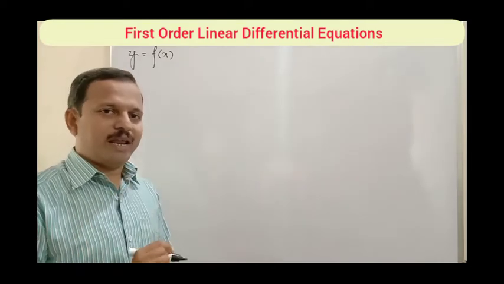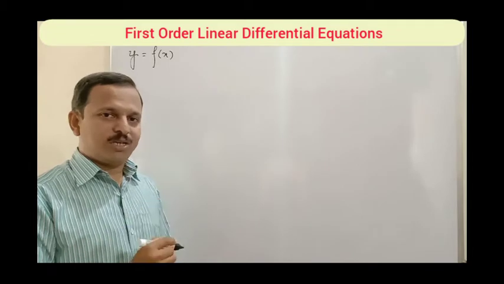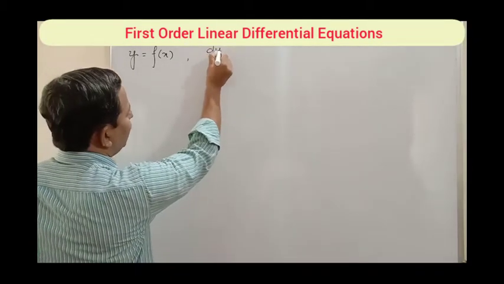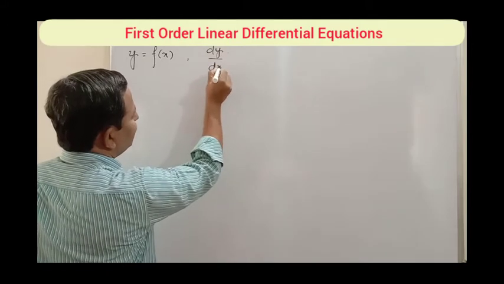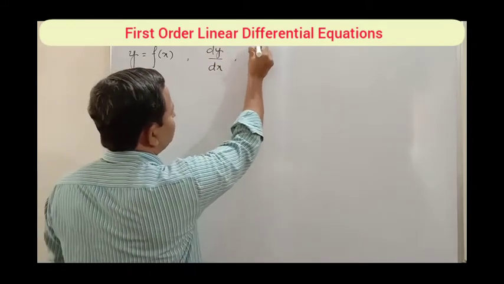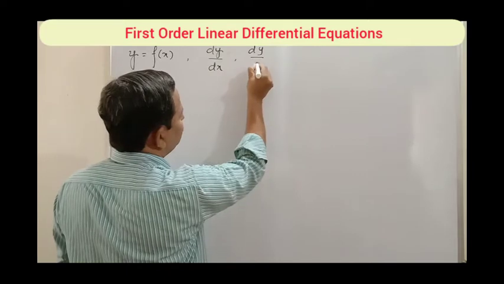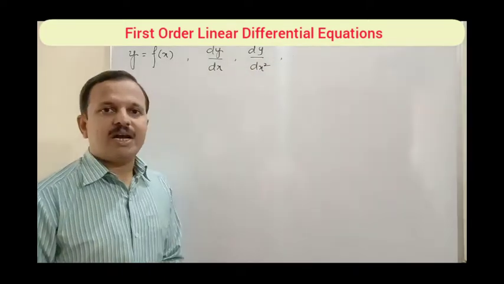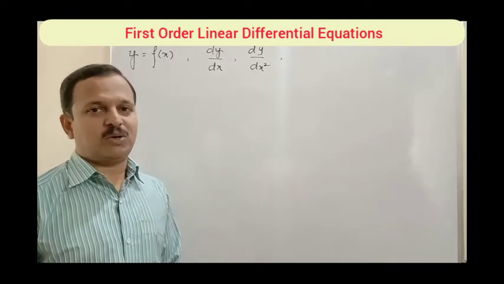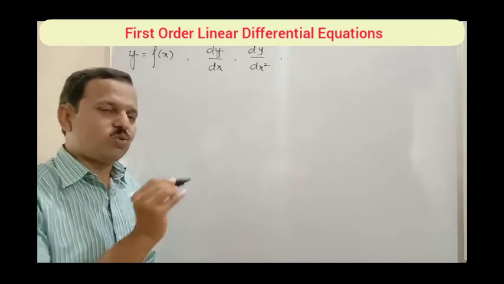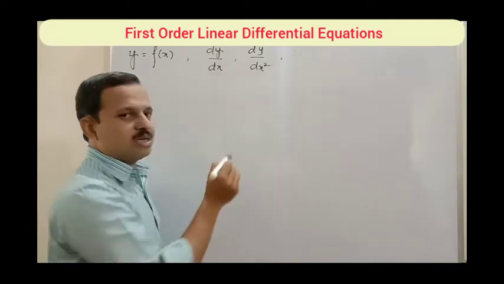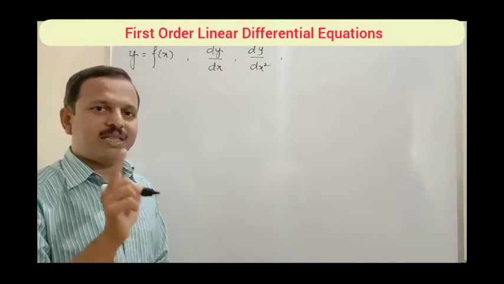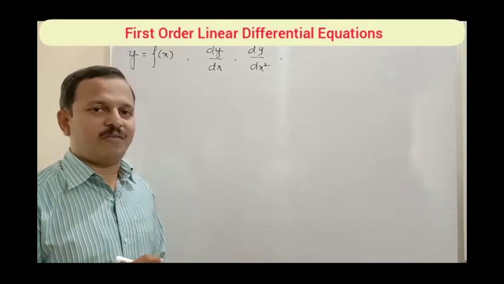The terms of the kind dy by dx, d2y by dx2 and so on are called the derivatives of y with respect to x. So if at least one such term is present in the equation, then that equation is called a differential equation.